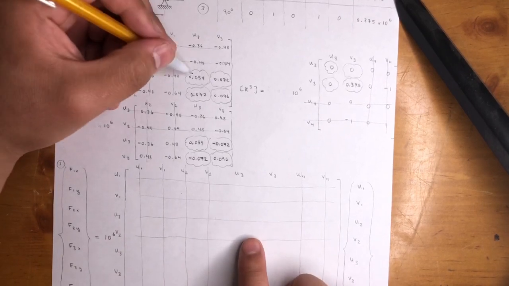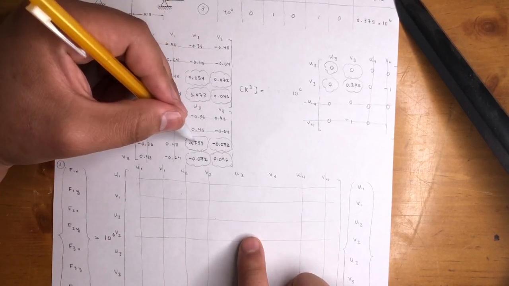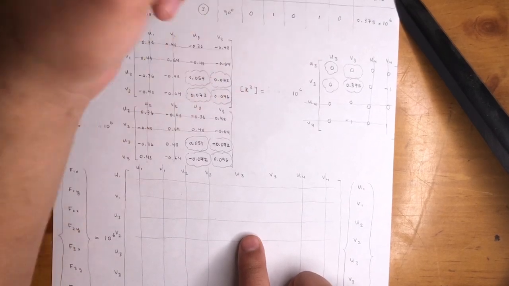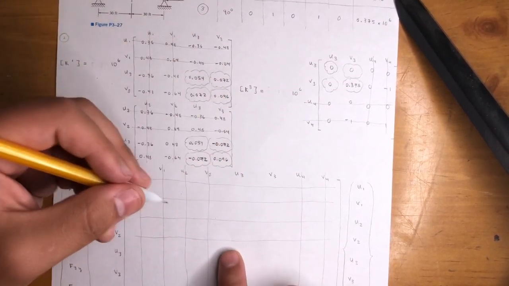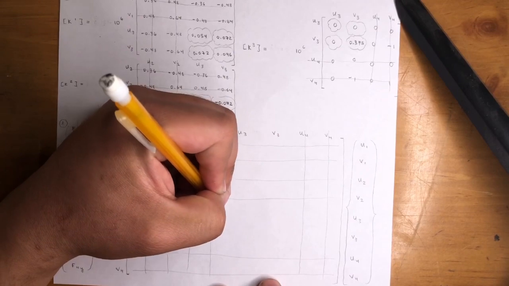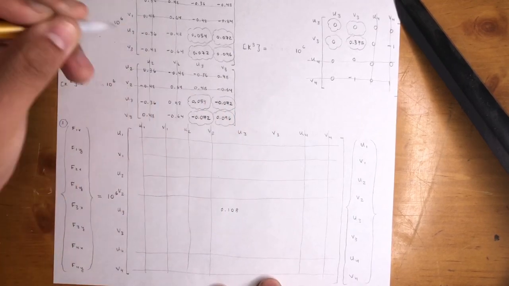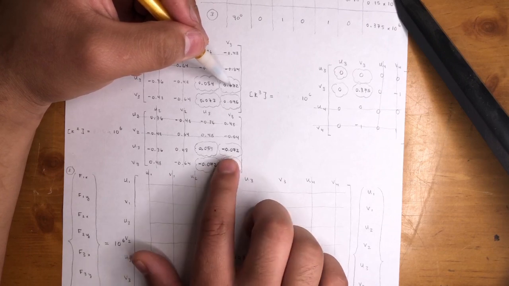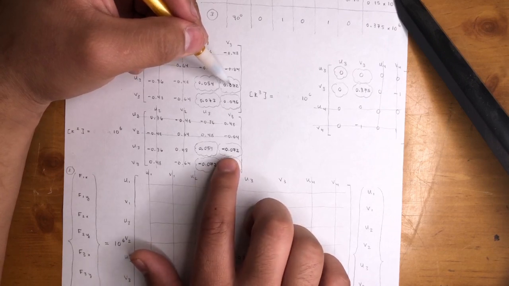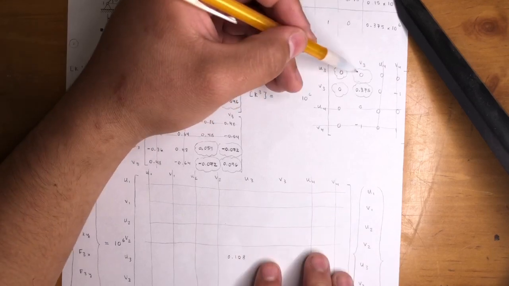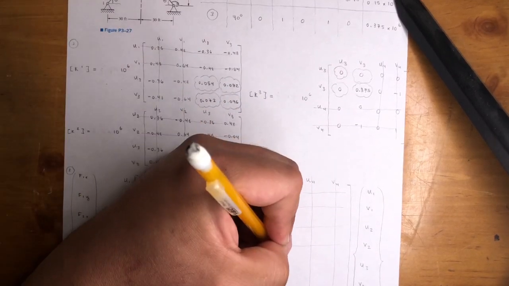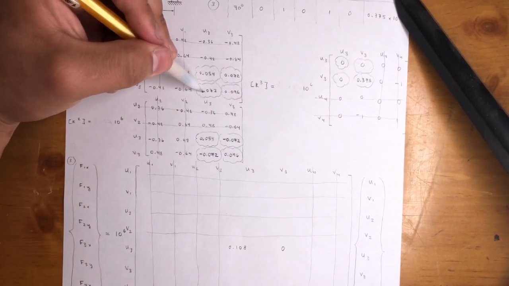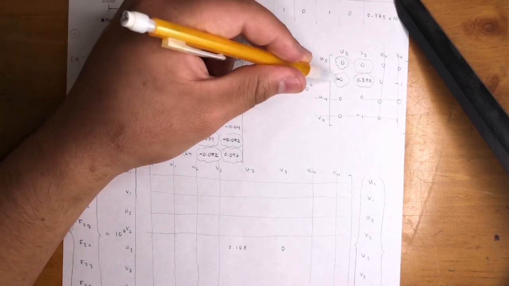If you do the adding, 0.054 plus 0.054 plus 0 for position U3, U3, you will get 0.108. Add the next ones: 0.072, negative 0.072, that's 0, plus the 0 right here. So this one's 0. Same thing here: 0.072, negative 0.072, and 0.